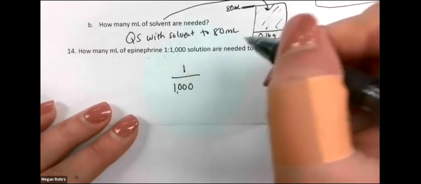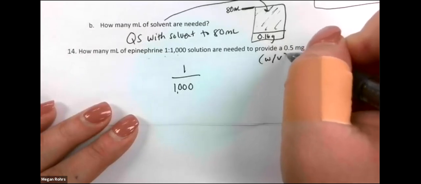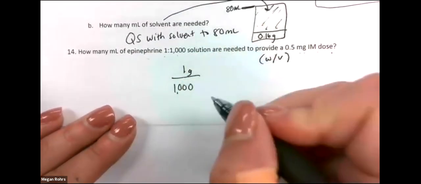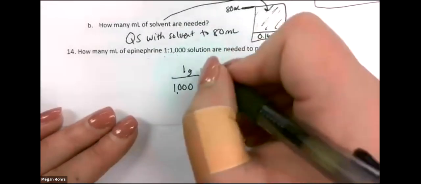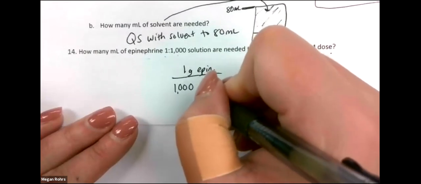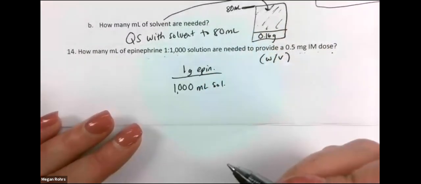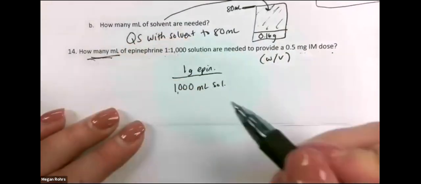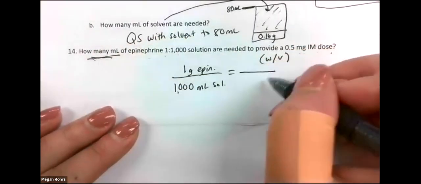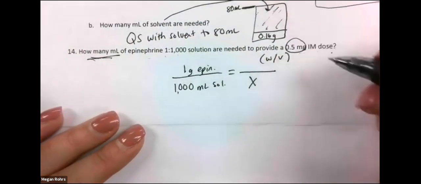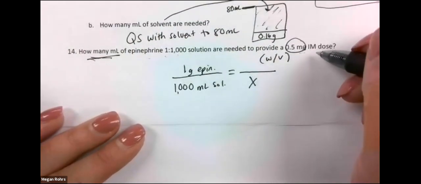We're assuming that this is a weight per volume, but remember a unit of weight is always grams. So 1 gram of epinephrine in every 1,000 mils of solution. Now they're saying how many mils, so I know that my X is going to go on the bottom. I needed to provide a 0.5 milligram dose.